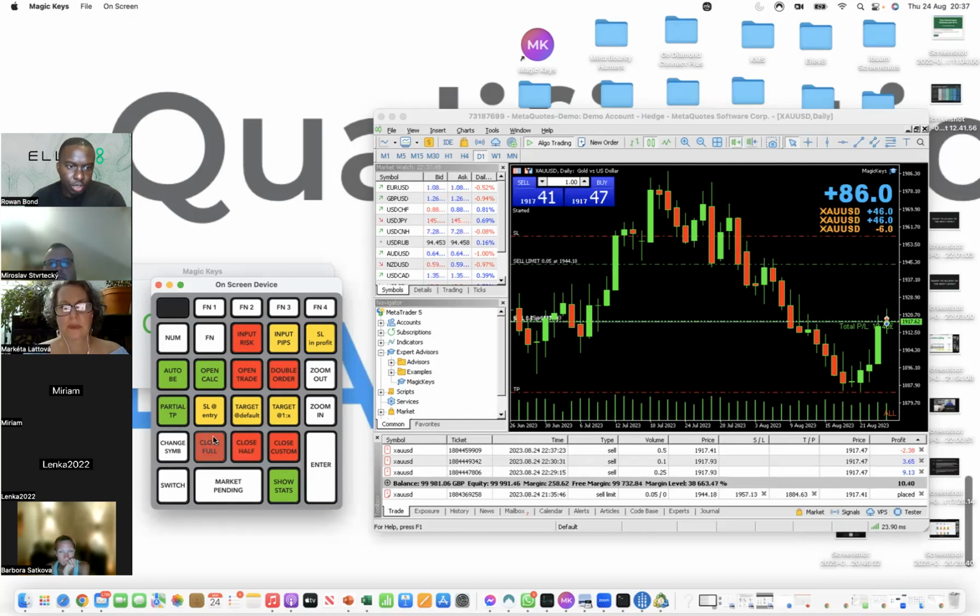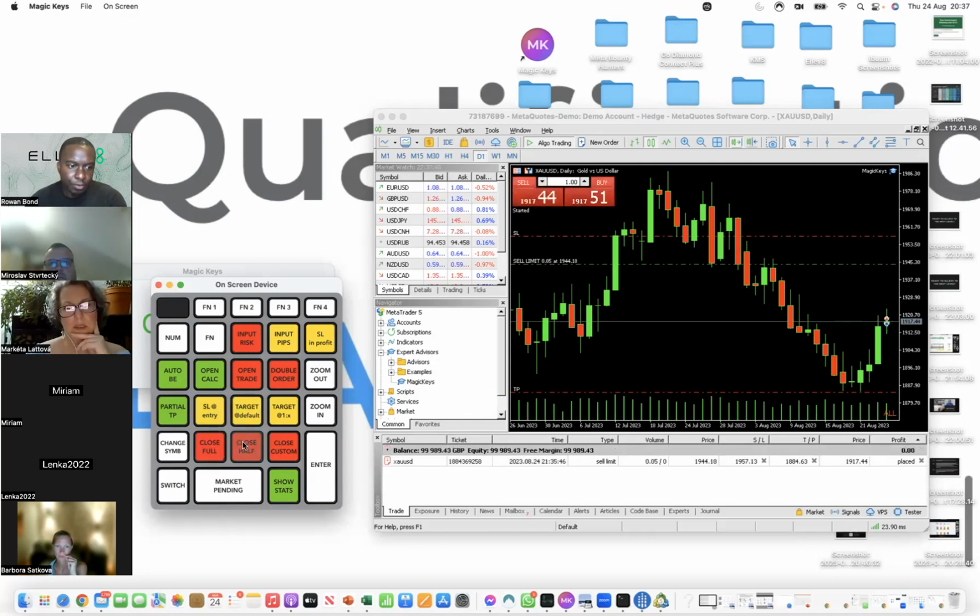Click close full, and it closes everything for me. You can click on close custom, and you can set it to close 80% of your trade automatically. Tam si nastavujete, kolik chcete, například 80%, zavře 80%.